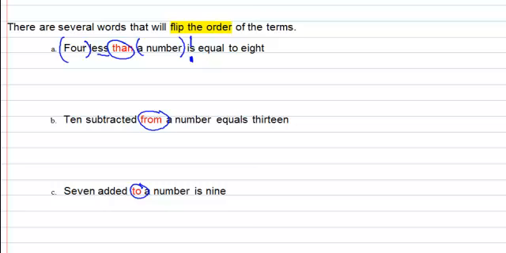So in this case it says "4 less than a number," so that "than" is switching the order. So it's x minus 4 is equal to 8, and then we simply solve. So again, plus 4, so x is equal to 12.